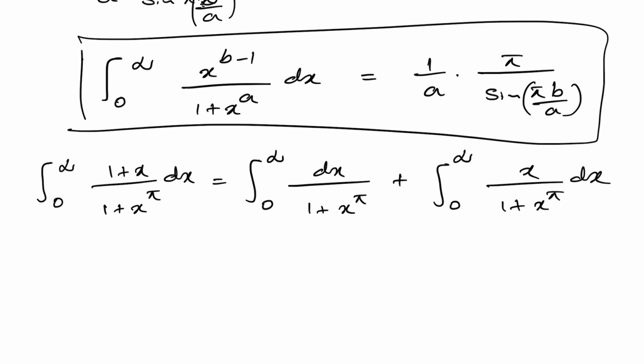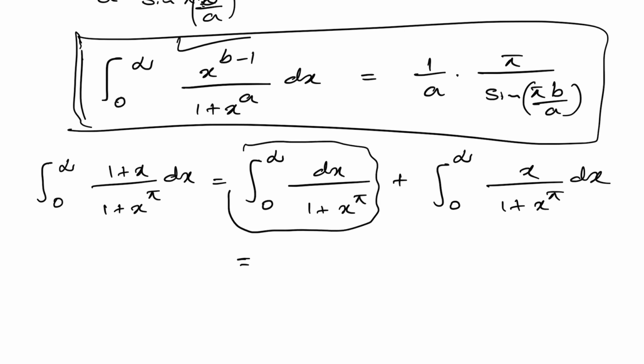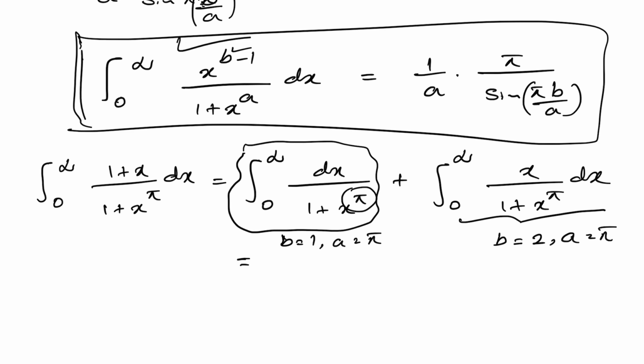Comparing with our defined integral, in the first one the numerator is 1, so b should be 1, and a is equal to pi. For the second integral, b is definitely 2 and a is equal to pi.